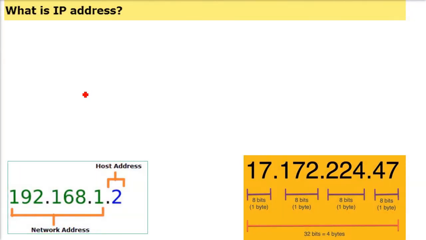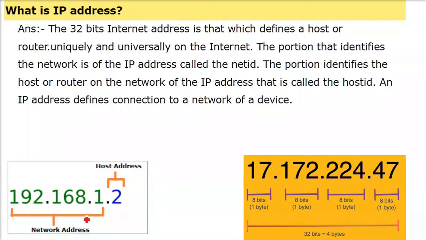What is an IP address? See, first of all, an IP address consists of a network address and a host address. So IPv4, and IPv6 came in 1998, so I'll tell you about IPv6 also somewhat.